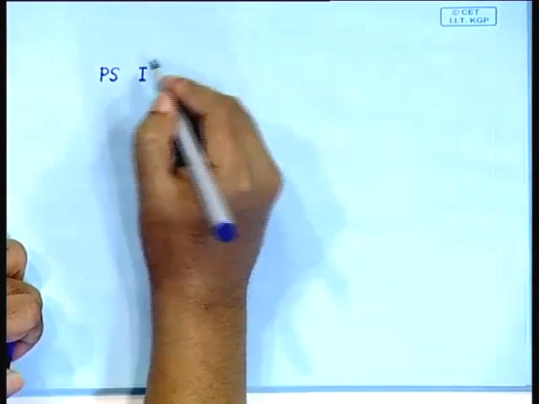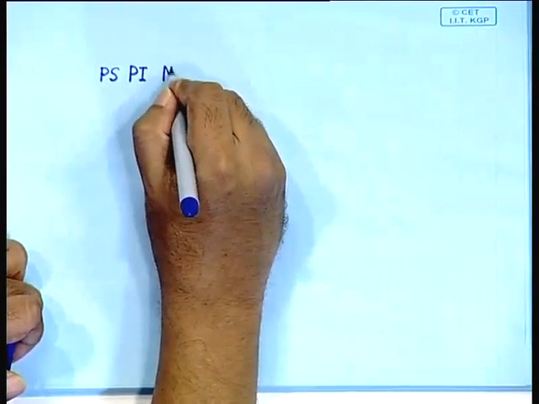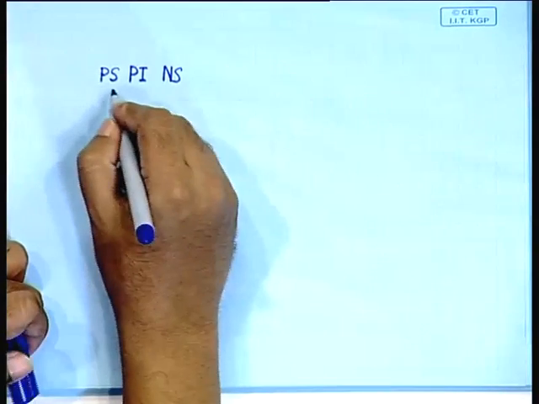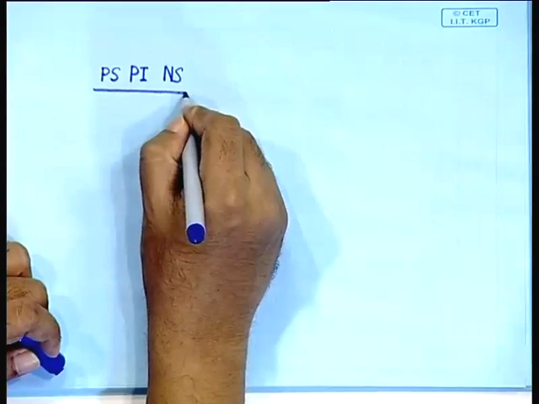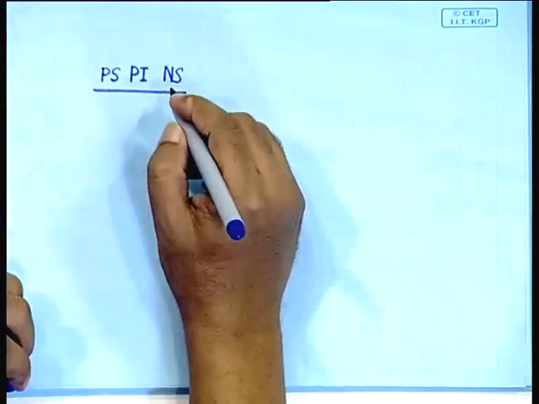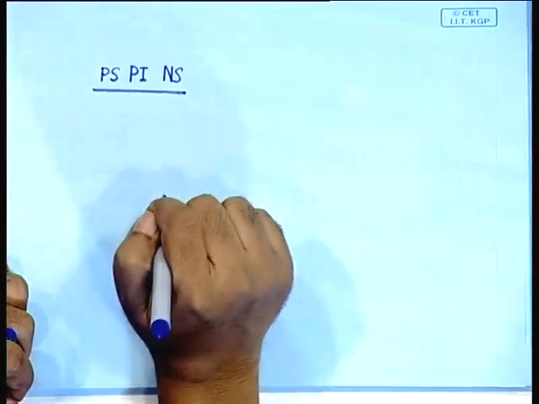Let us call them present input bits, and then we have next state bits, right. This is the typical transition relation for a finite state machine, and then you have your vectors here, the truth table here.